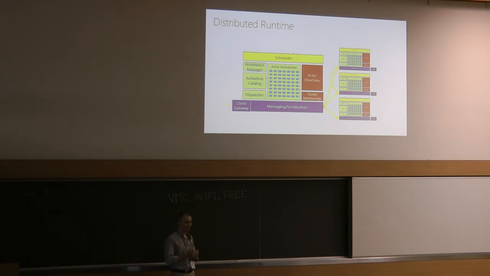And each silo connects to every other silo in the cluster over TCP right away. So for example, if you have a 100 server deployment, 100 VMs, and you have one silo per virtual machine, each of them will connect to 99 other silos by opening a TCP connection over that port.